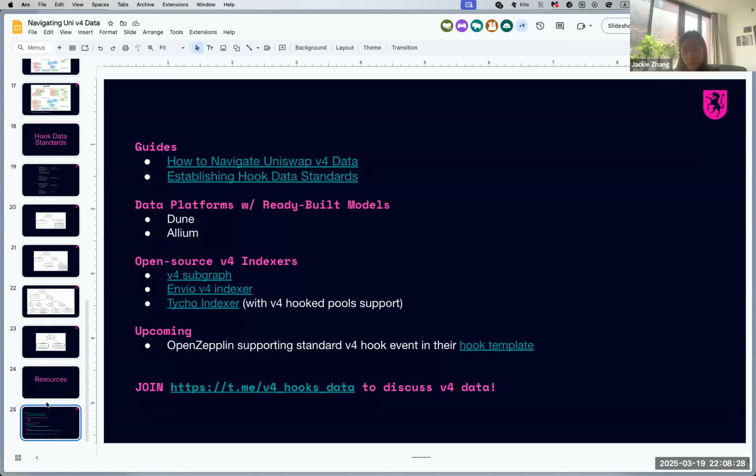You can go to the V4 indexer made by NVO, and then you can go to the indexer made by Tycho. And then upcoming, we will have the hook template. We'll have the hook event being built in the OpenZeppelin template, so that you can see how the developers are actually adopting these standards.